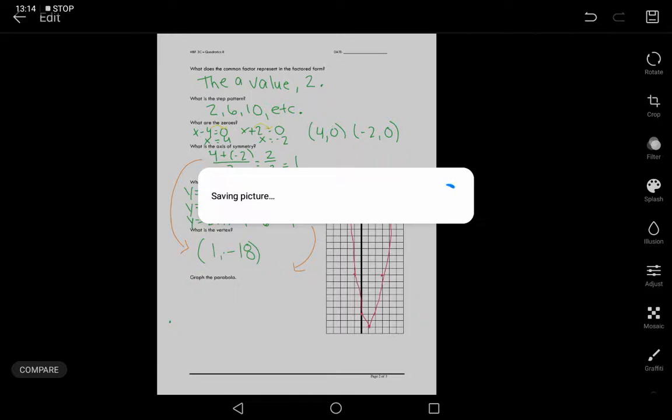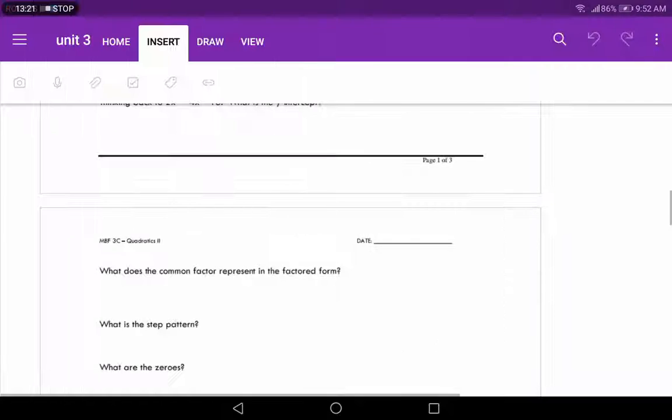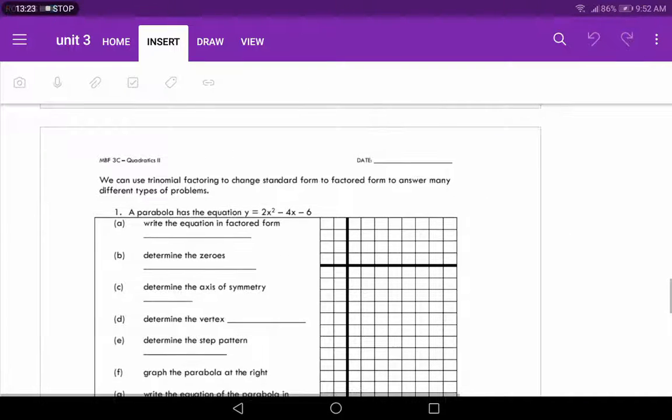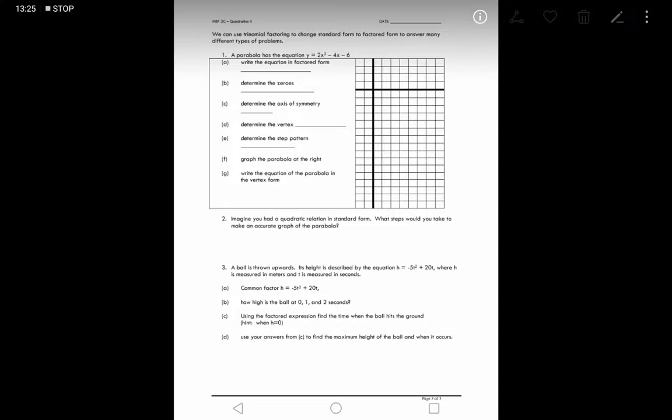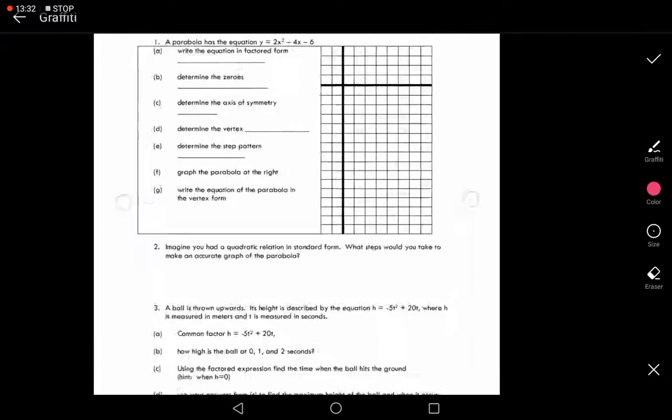So we have one more page here. We're not actually going to do all of the examples because the first one is very similar to what we just did. So it says here, can I zoom? Oh, there we go.